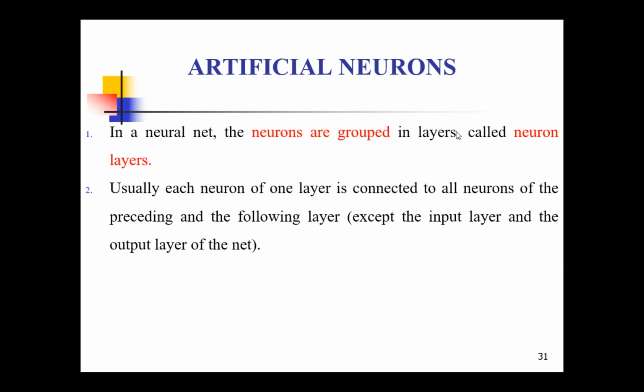Similarly, X2 should be connected to Y1, Y2, Y3, and X3 should be connected to Y1, Y2, Y3. That is, each and every neuron in a layer should be connected to all the neurons present in the subsequent layer. The subsequent layer to the input is the output layer, in which we have 3 neurons. So each neuron in the input layer is connected to all the neurons in the output layer.